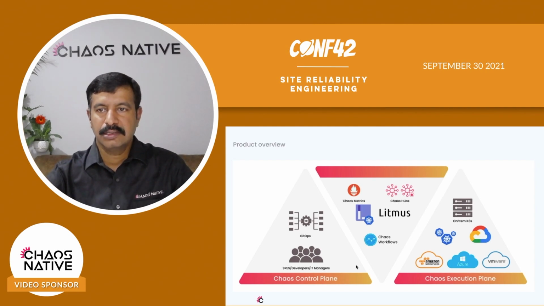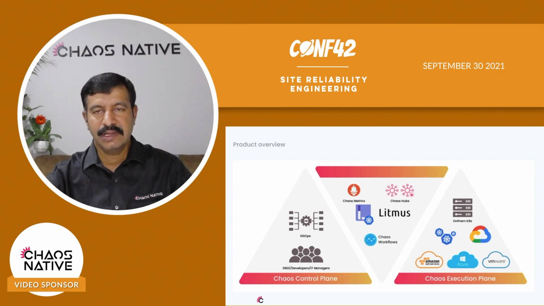That's where the team, the DevOps persona, either you're a developer or an SRE or a QA, can come in and try to develop a chaos workflow or a chaos scenario into your chaos hubs, your privately hosted chaos hubs, or you can pull the chaos experiments from the public hub also if it's accessible from your environment.